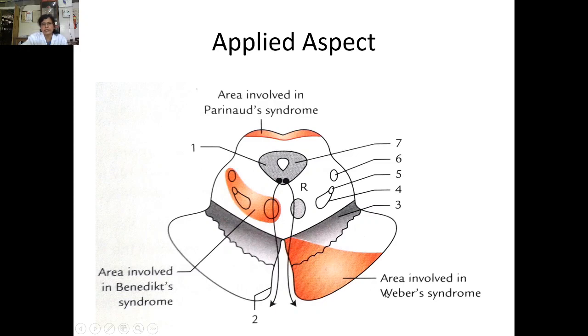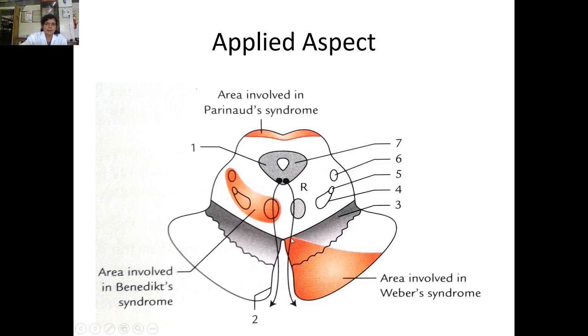In Weber's syndrome, the corticospinal fibers in the crus cerebri are damaged, so there is hemiplegia on the contralateral side, and due to damage to the fibers of the oculomotor nerve, there is paralysis of the extraocular muscles it supplies, leading to drooping of the upper eyelid due to paralysis of levator palpebrae superioris.